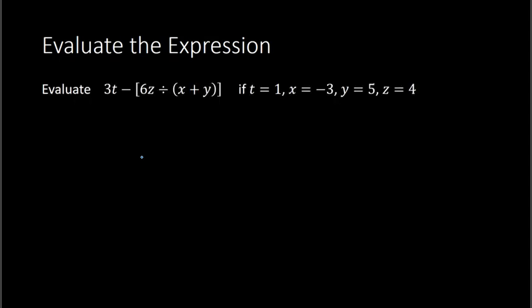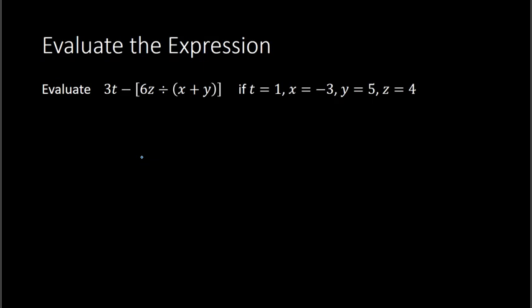Okay, here's another example where now we throw in also evaluating expressions. So here we are given this expression and we're told to evaluate if t is 1, x is negative 3, y is 5, and z is 4. So we're doing the same thing we just did. The only thing is we need to plug in the numbers first before we can start evaluating.